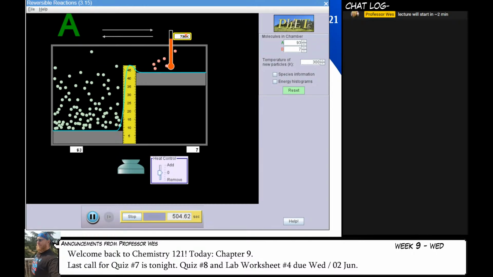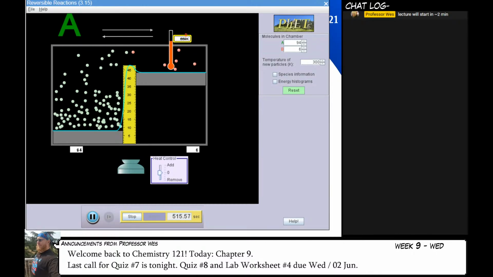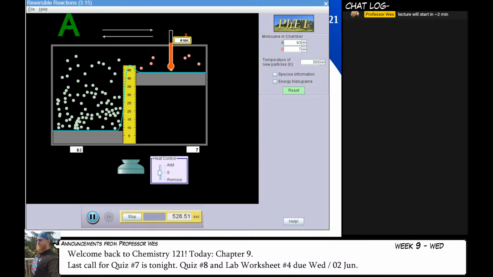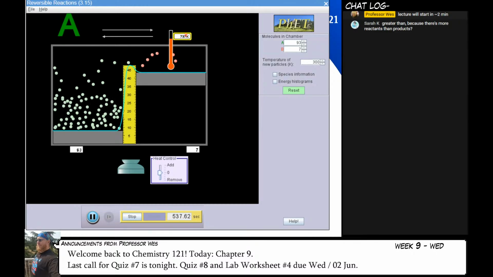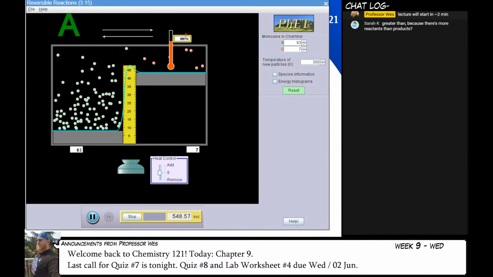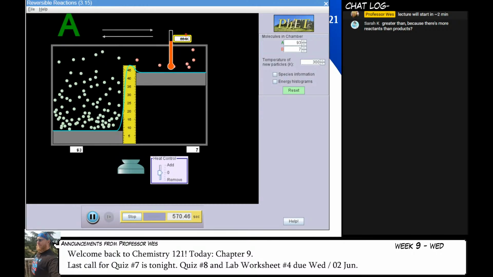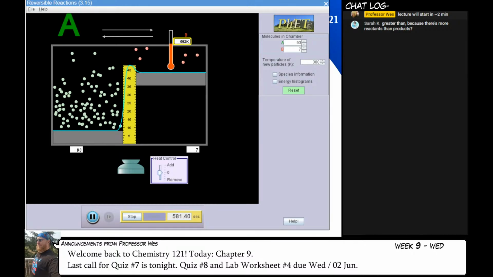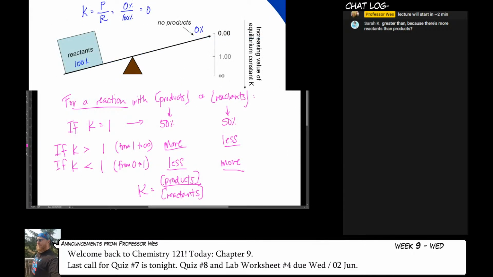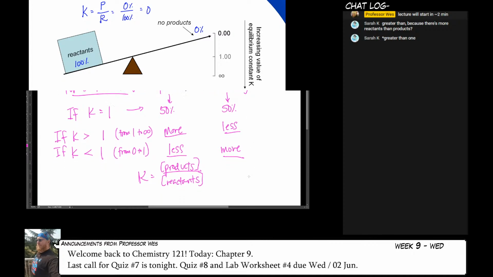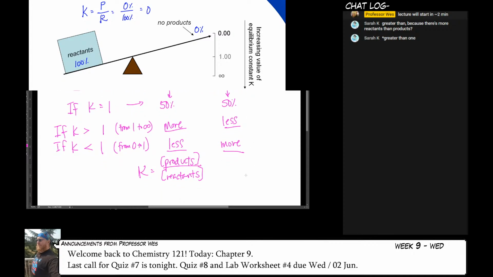But what you can see is that there's very, very few products, because very few molecules can make it over this hill, right? A few of them do. So there's more reactants than products. So if we go back to this equation, where do we enter the bigger number? If there are more reactants than products, what is a small number divided by a big number?